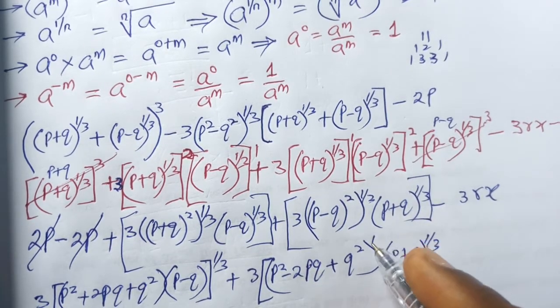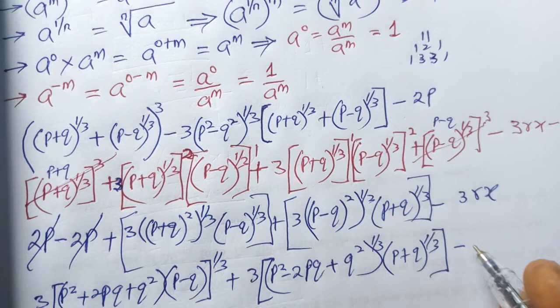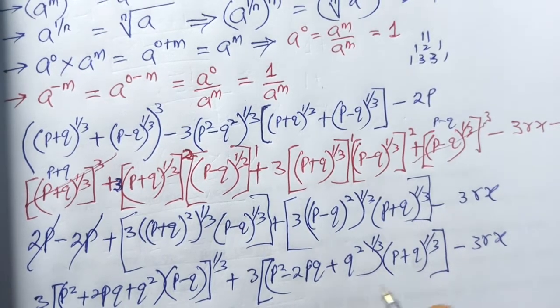That's all raised to power 1 over 3, but let me just do it like this. Minus 3Rx. That's what we will have.